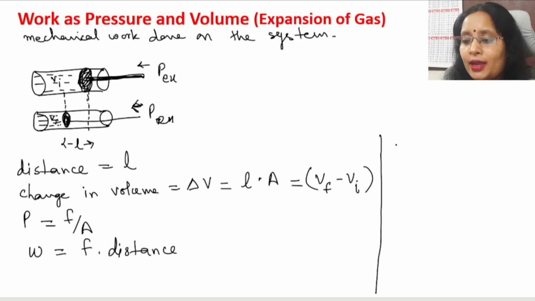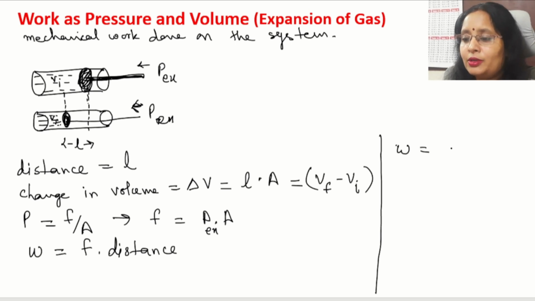Now, in place of F we can say F is equal to P into A, where P is external. From this expression we got the force, so can we apply this here?